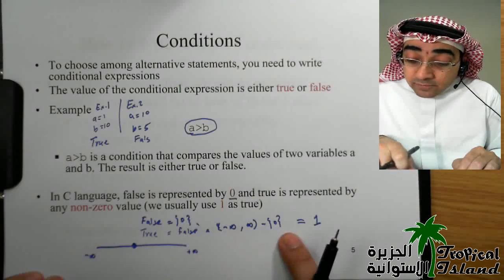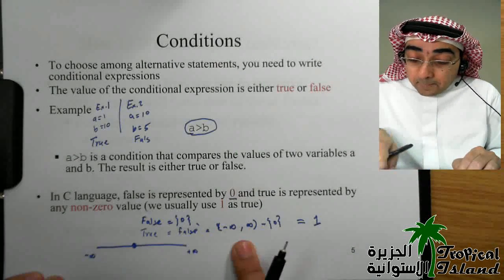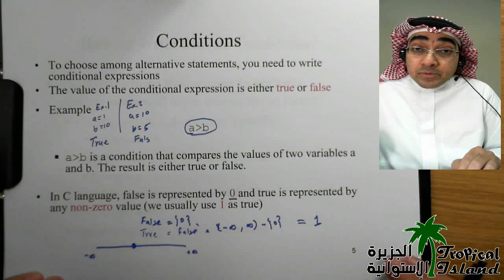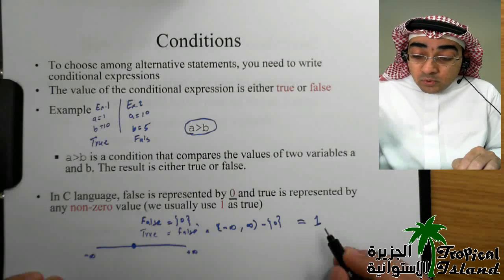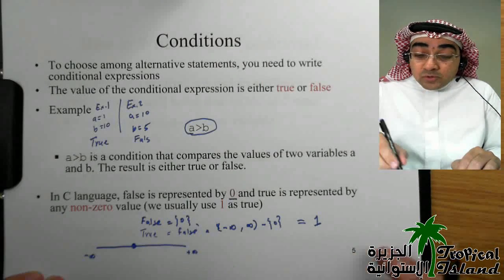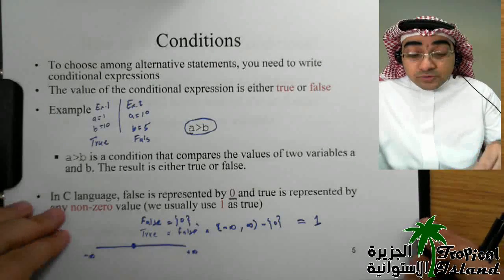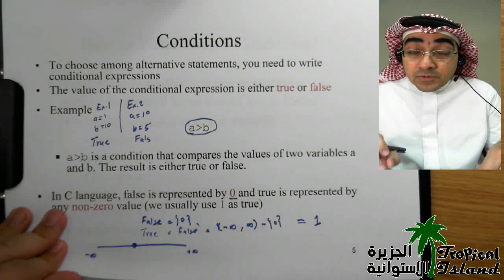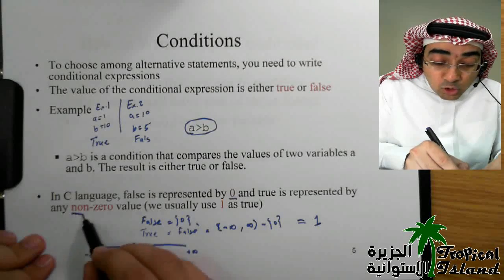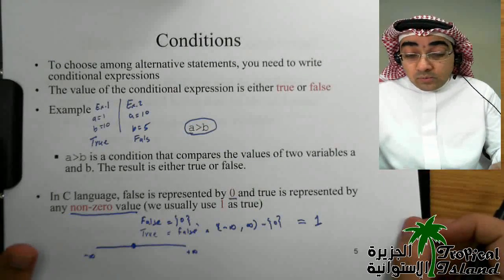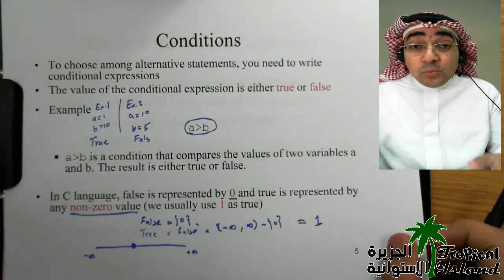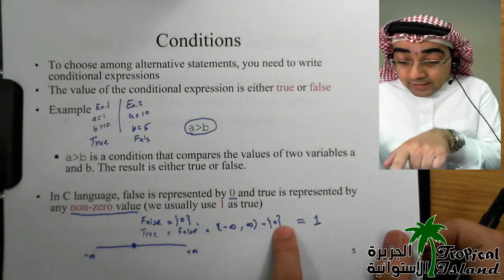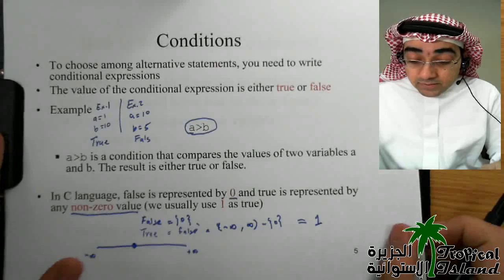However, any value going from minus infinity to infinity, not including 0, could represent a true value. The compiler usually uses 1 as the result of a true. Any non-zero value is represented as true. Any non-zero value, that is the key phrase we want to learn here. But when we are using it, we will say true and denote it by 1.